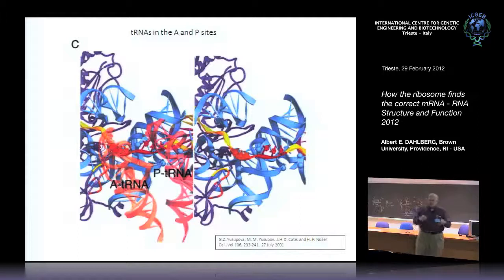I don't know who would want it. That's an enormous amount of work. Well, it's not that much work, but it involves making the message and soaking the messenger RNAs into crystal structures.